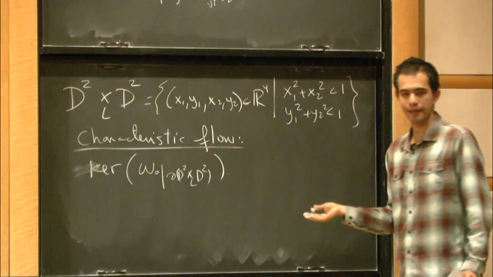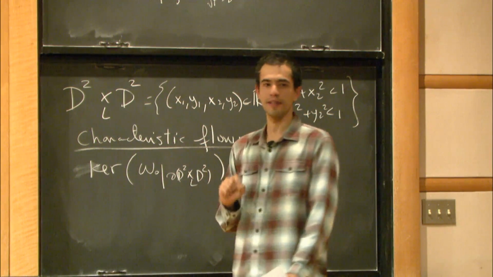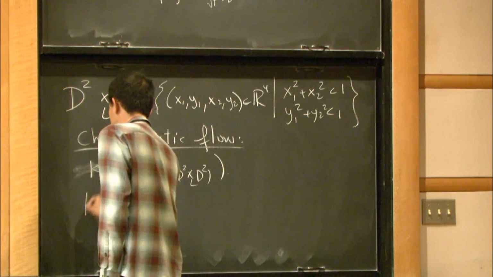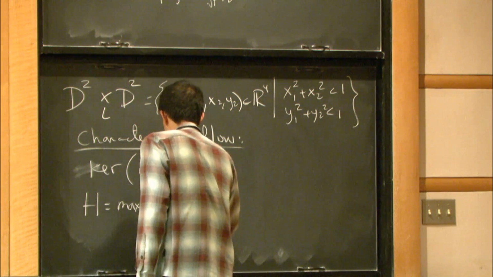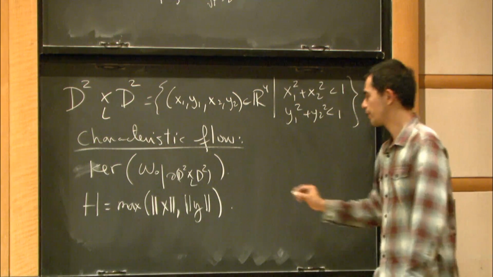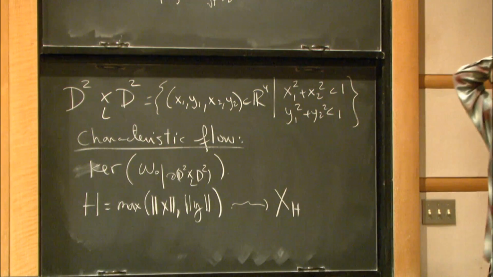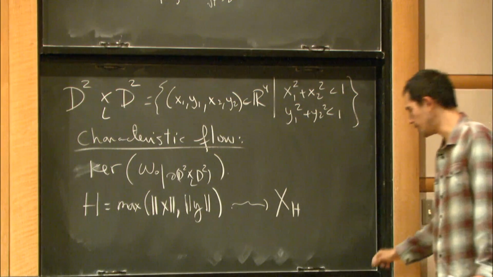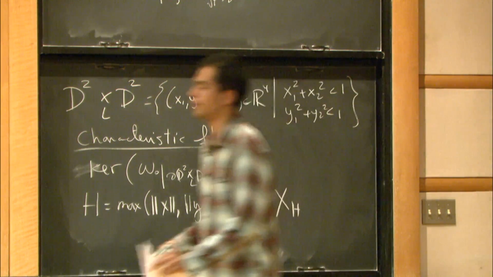One way to get this explicitly is to find a function whose level hypersurface is this boundary and compute its Hamiltonian vector field. For example, you could consider the function h, which is the max of the norm of x and the norm of y, and look at the Hamiltonian vector field. This is a little bit singular, so there are some slight technical issues, but let's pretend that everything is fine, and let's see what this Hamiltonian flow is.